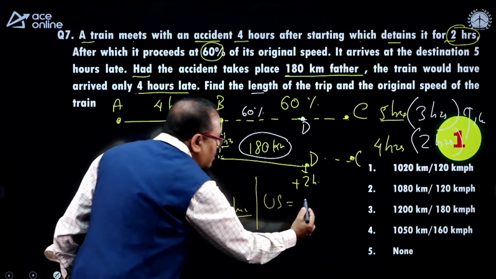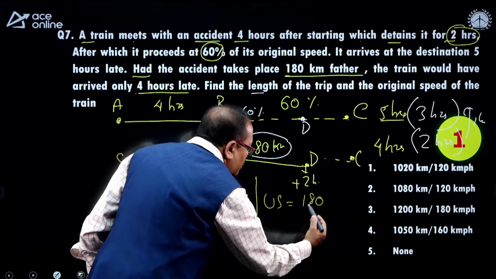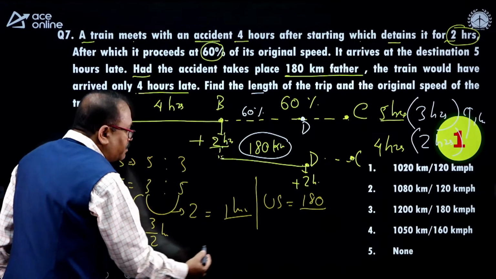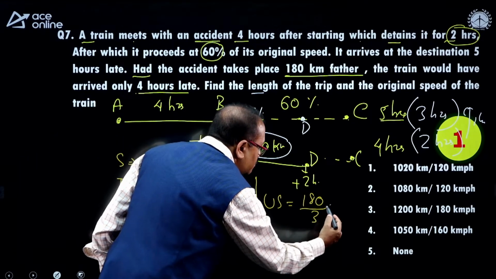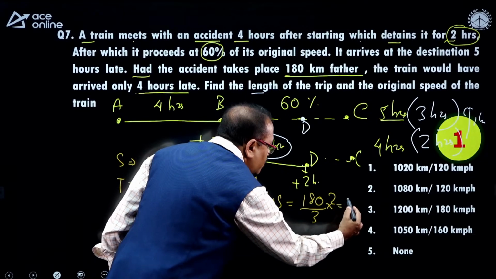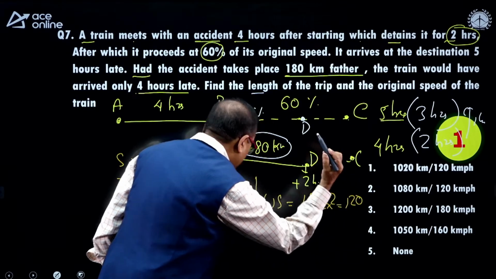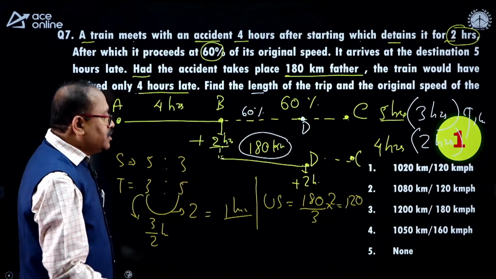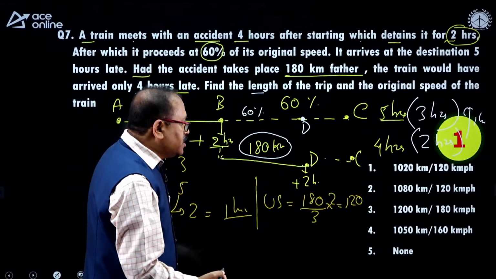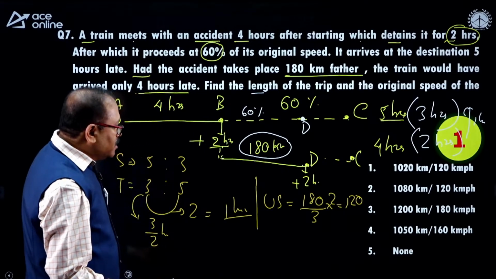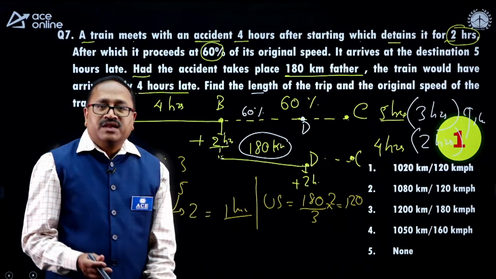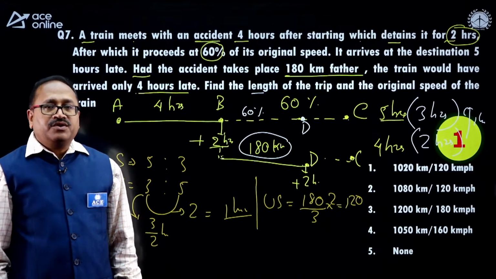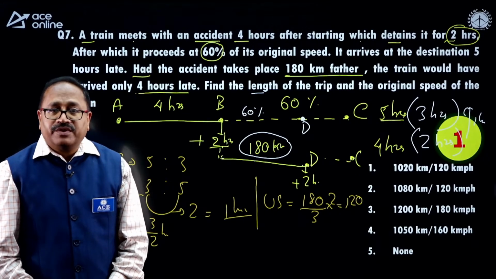Usual speed will be 180 divided by 3/2, and that gives you 120. What is this 120? The speed. Usual speed 120 kilometer per hour.